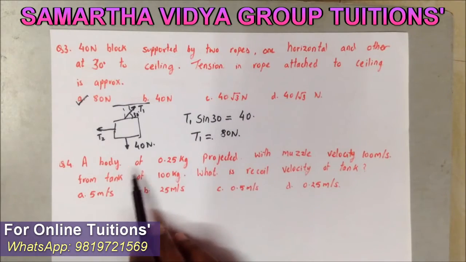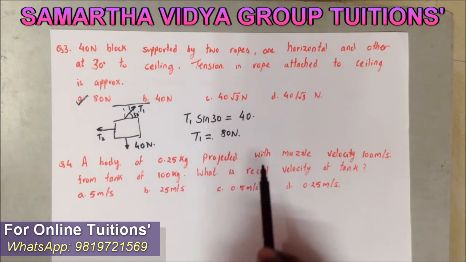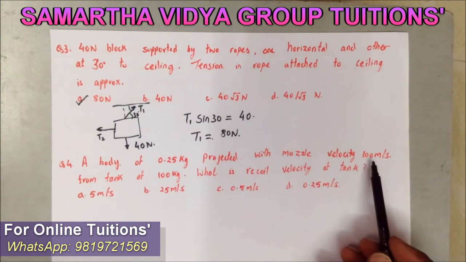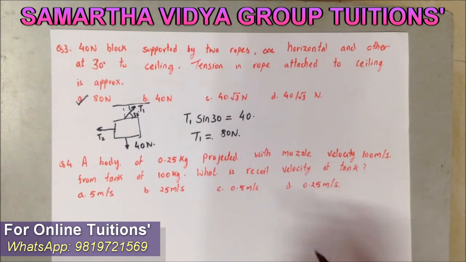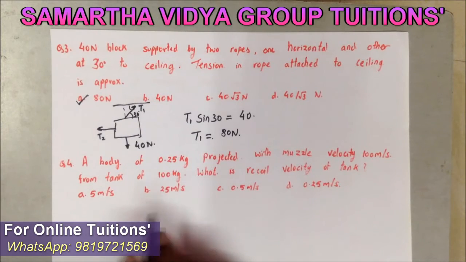In the next question, we have a body of 0.25 kg projected with a muzzle velocity of 100 meter per second from a tank of 100 kg. And what is the recoil velocity of the tank? So this concept basically comes under the conservation of momentum. So the initial momentum should be equal to the final momentum.